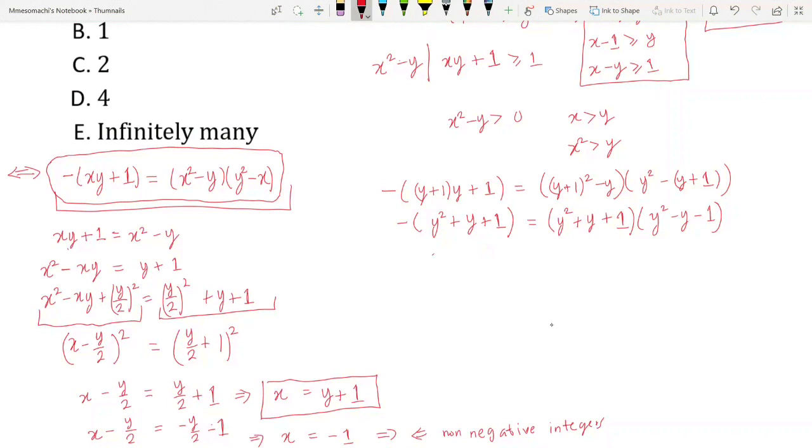So we can strike these two out, and we'll have minus 1 equals y squared minus y minus 1. So we have 0 is equal to y squared minus y. So we have y into y minus 1 equals 0. So we have y equals 0 or 1.